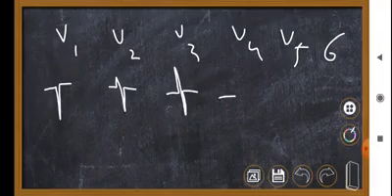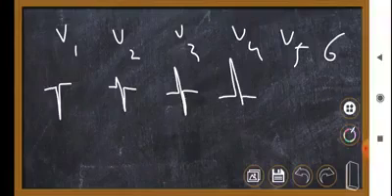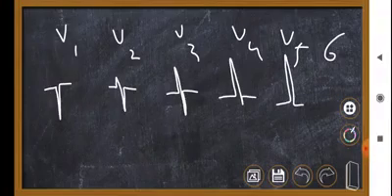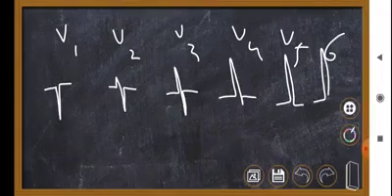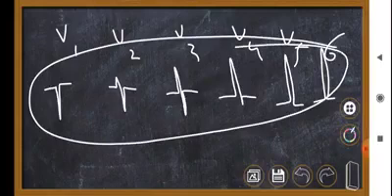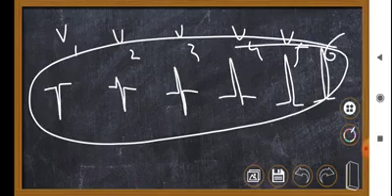In V4 it's predominantly upwards, in V5 it's more upwards, and similarly V6 is also upwards. So this is called the progression of R wave, and why this progression of R wave occurs, I have already mentioned. Thank you very much.